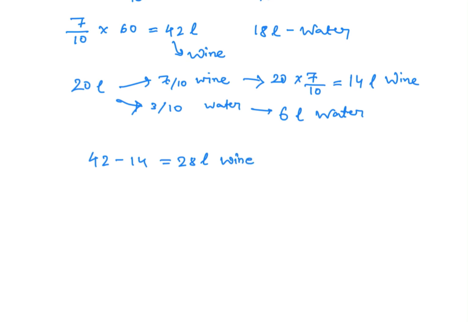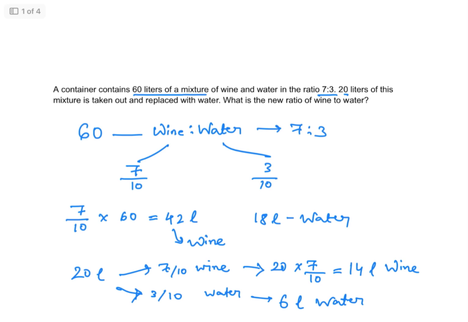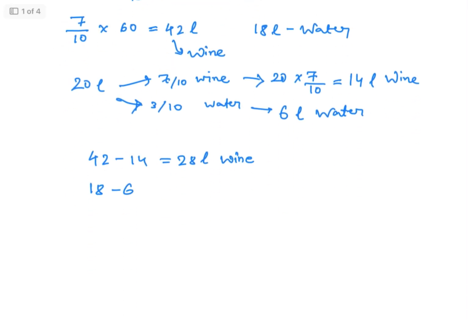And now the water content will be 18 minus 6, but this problem says we are replacing the 20 liters of mixture taken out with 20 liters of water. Now it will be 18 minus 6 plus 20, or 12 plus 20, it will be 32 liters of water.